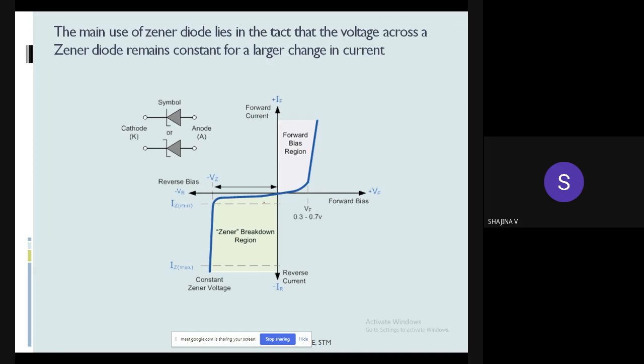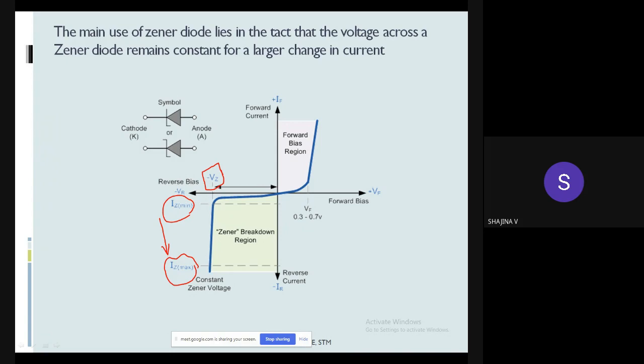Under reverse biased condition, you can see there will be reverse saturation current initially, and after a particular voltage Vset, that is after Zener breakdown, we can say the current will increase drastically, but the voltage will be maintained at Vset itself. So this is the property of the Zener diode. That is, from this minimum Iset to maximum Iset, for a large variation of current, this voltage can remain constant.